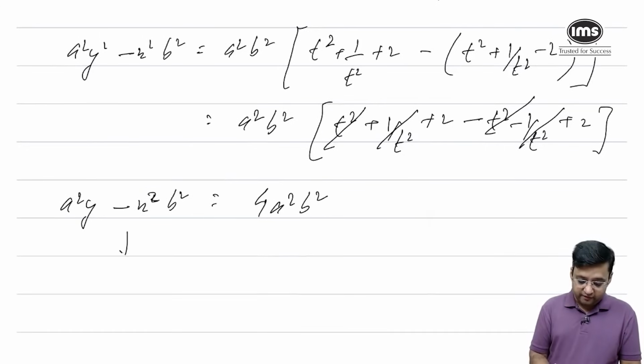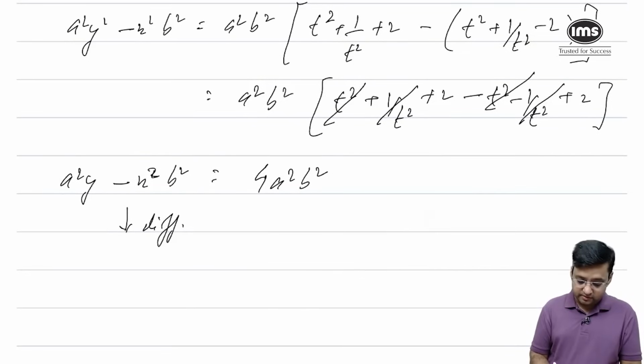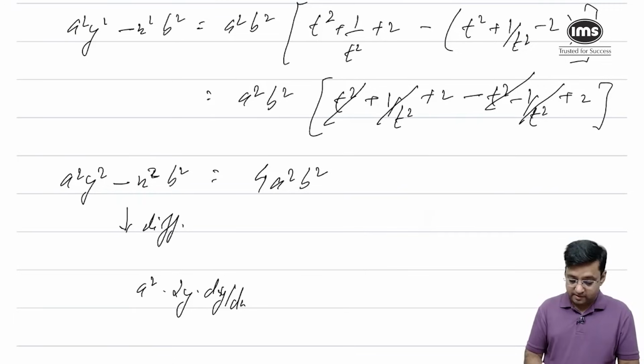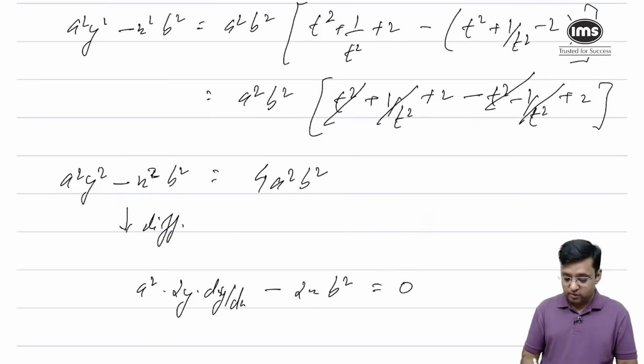So when we differentiate the value, what will you get? This will get a square, so this will be y square, correct? We're going to get 2y dy by dx minus 2x b square equal to 0.